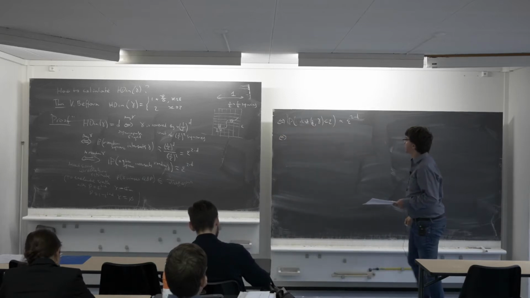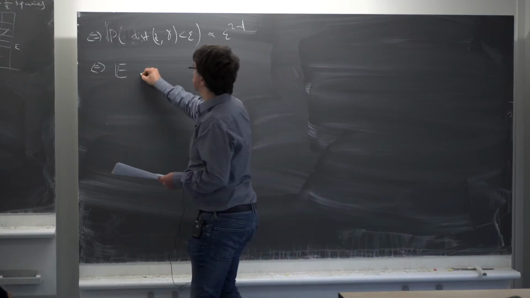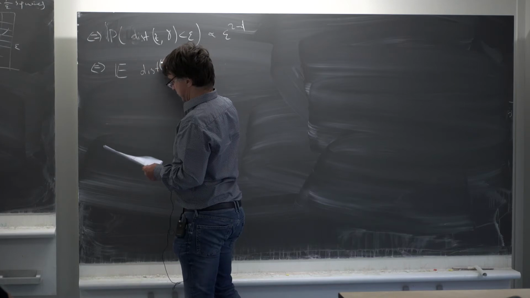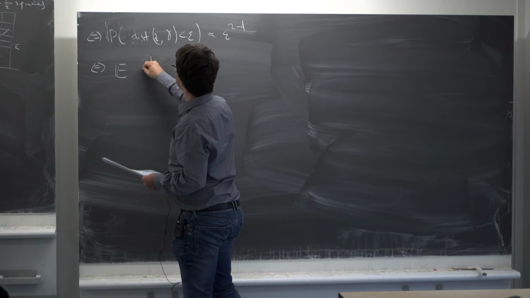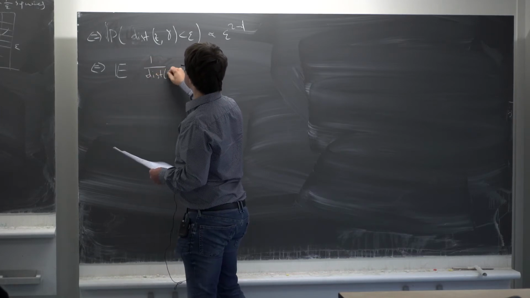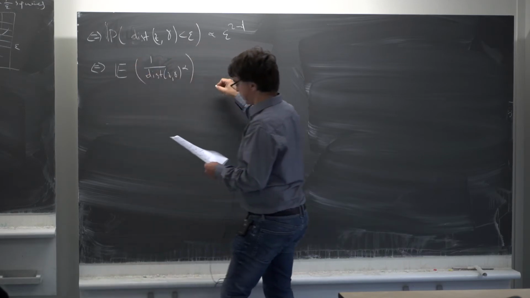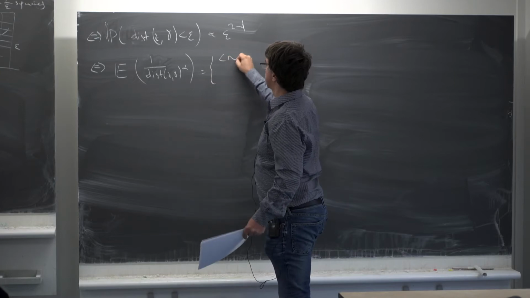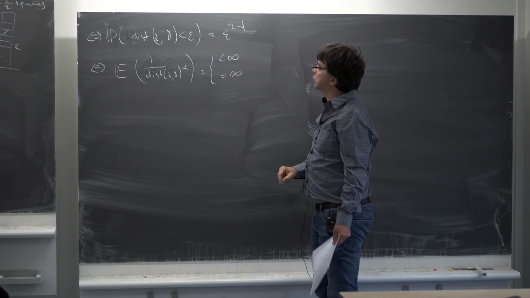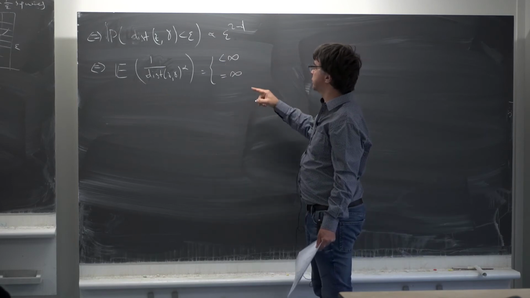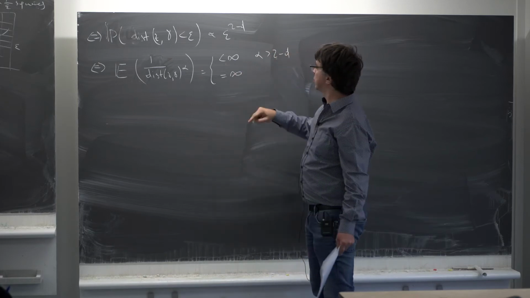And this is if you take the expectation of this distance to some power, let's say the expectation of 1 over the distance from Z to gamma to the power alpha. This expectation will be finite or infinite. You just look at which thing could be integrated, and essentially it means that when alpha is bigger than 2 minus d, you will have finite expectation.